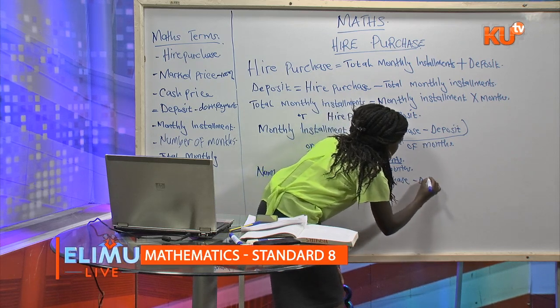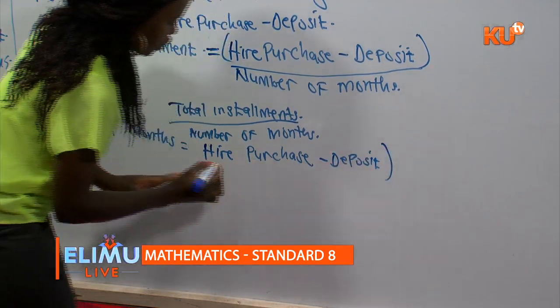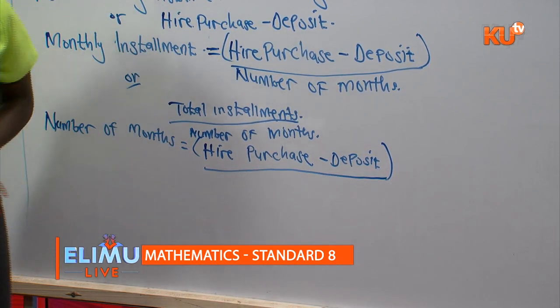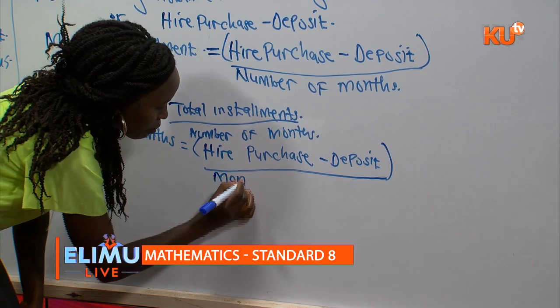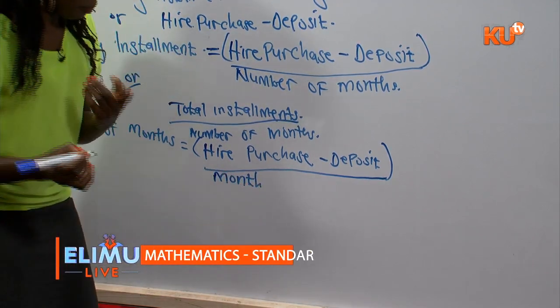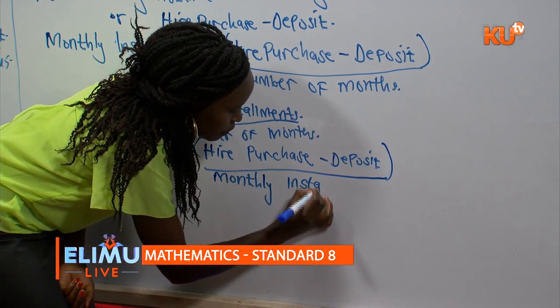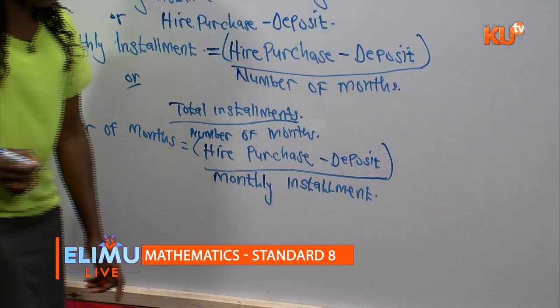So for the number of months, we take the hire purchase minus the deposit. Then the answer that you get, we divide by the monthly installment, the amount of money paid per month. Very good.